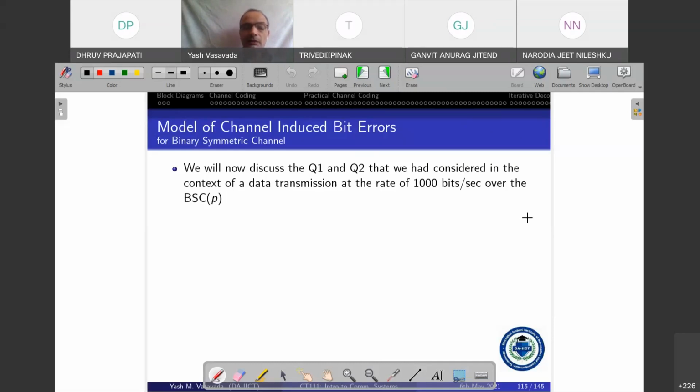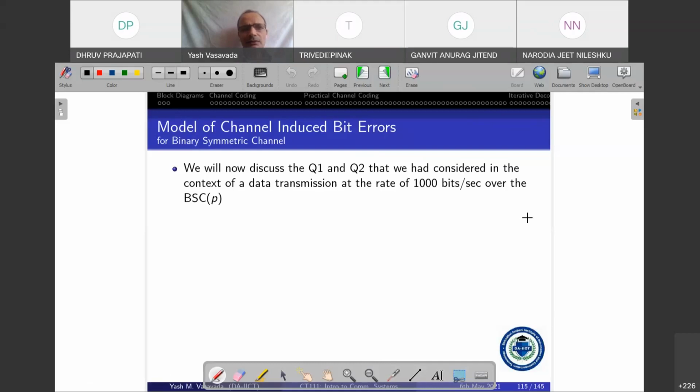And at that time we had left this question: how many bits get through the channel, let's say a binary symmetric channel, and what does it have to do with the information transfer formulation that we had done in the earlier part of the semester?